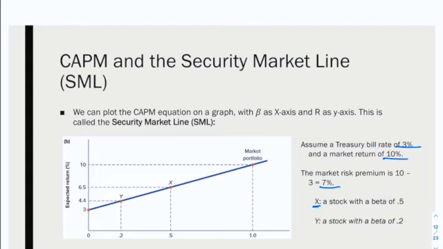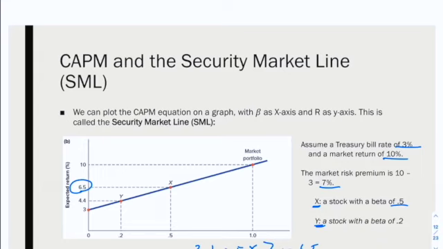And when a stock has a beta of 0.5, we can directly find their expected return on the security market line. Okay? Because if we have 3 plus 0.5 times 7, we have 6.5. And this is expected return from this portfolio X. And with a portfolio Y, it could be a stock or a portfolio, as long as it's a beta of 0.2, we have 3 plus 0.2 times 7, which is the difference between RM and RF.